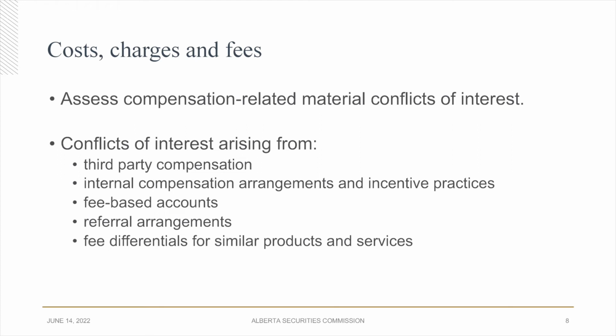In this example, the firm can establish and disclose criteria for when someone can get a higher interest rate. For example, based on the size of the account, type of the account, and the nature of the firm's relationship with its clients. If the firm cannot address the conflict in the best interest of the client, then the conflict must be avoided. The CFRs have led to a change in a firm's RDI obligations.